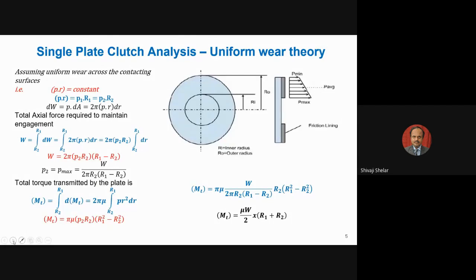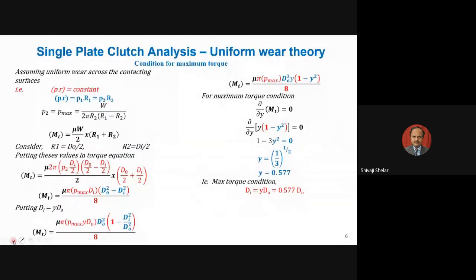Let's go and check here. We have mu into 2 pi into P2 R2, where R2 is di by 2, so di by 2, into the value of W that we are putting here. The value of W is equal to P2 into 2 pi into R2, which is di by 2, into R1 minus R2, so R1 is again dO by 2 minus di by 2.